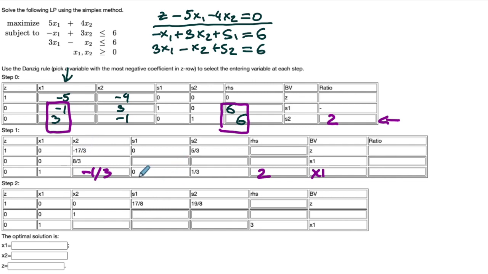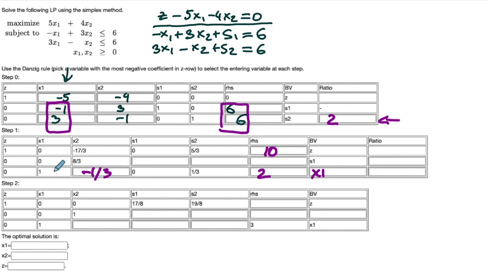Then 0 times 5 plus 0 is still 0. Then 1/3 times 5 is 5/3 plus 0 from here is 5/3. So far everything is correct. And then finally 5 times 2 plus 0 gives us 10 here. Alright, row 0 is done.